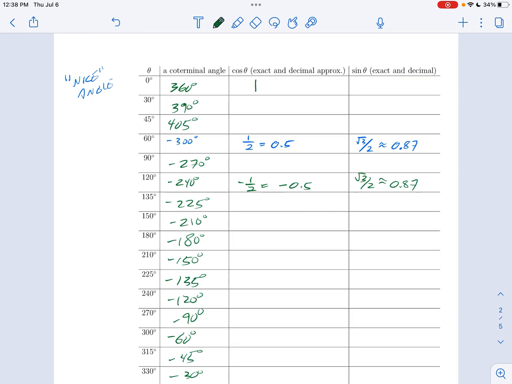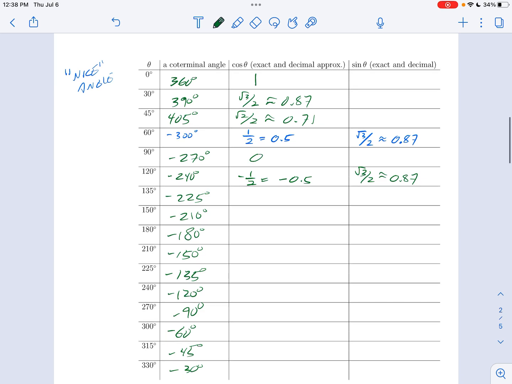Here cosine is 1, here cosine is root 3 over 2, which is approximately 0.87. Here this is root 2 over 2, which is approximately 0.71. Here cosine is 0. Here cosine is negative root 2 over 2. Here cosine is negative root 3 over 2. Here cosine is negative 1.